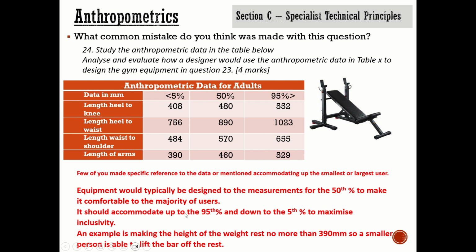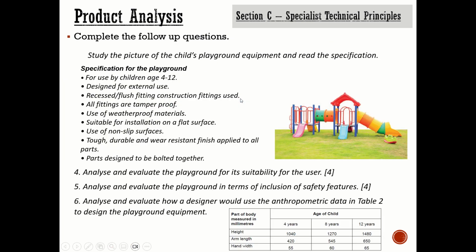That's to maximize inclusivity. An example would be the rest where the weights are, which shouldn't be more than 390 millimeters from the bench. If we look at the numbers, the arm length for the 5th percentile is 390 millimeters. So you want to accommodate down to that size person. That means the smallest person could safely lift the weight off the bar. Just look at the data and use some of that information yourself.